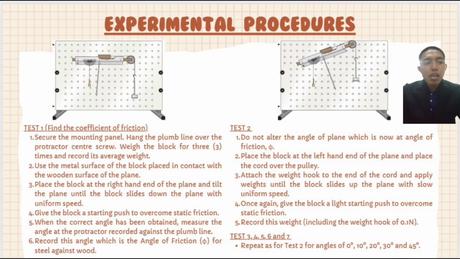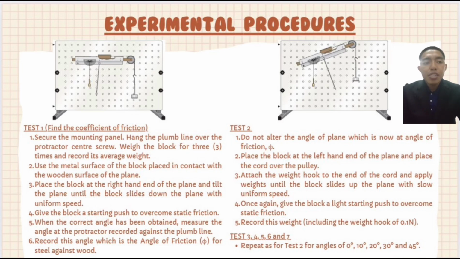The third one, attach the weight hook to the end of the cord and apply weight until the block slides up the plane with slow uniform speed. Fourthly, once again, give the block a light starting push to overcome static friction. The last one, record this weight including the weight hook of 0.1 Newton.